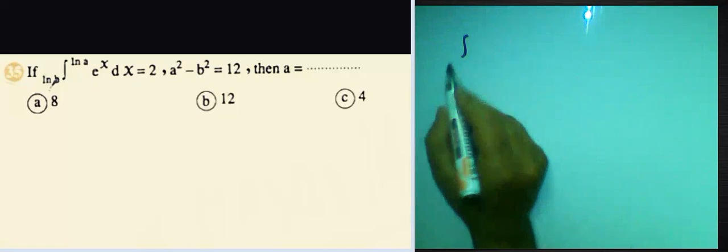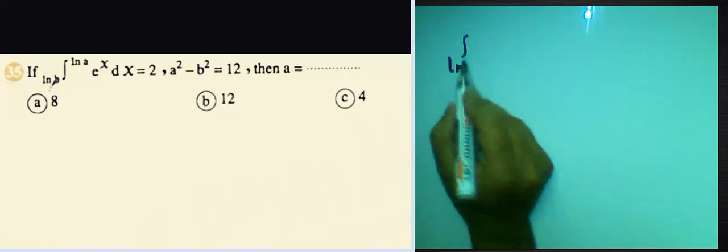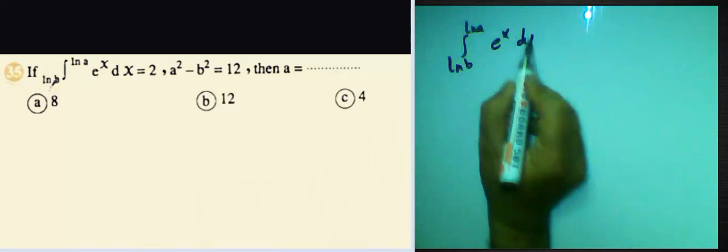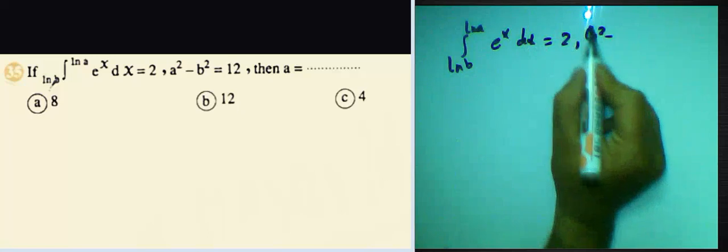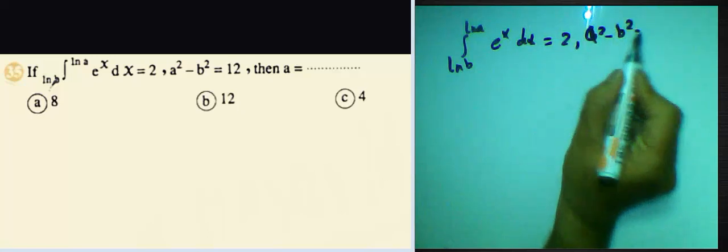Question 35. If the integration from ln b to ln a of the function e power x dx equals 2, and a power 2 subtract b power 2 equals 12.